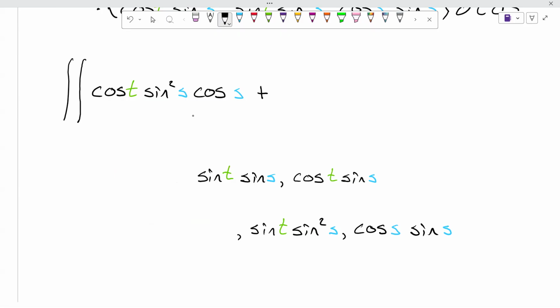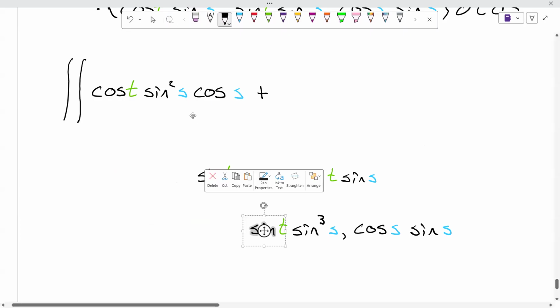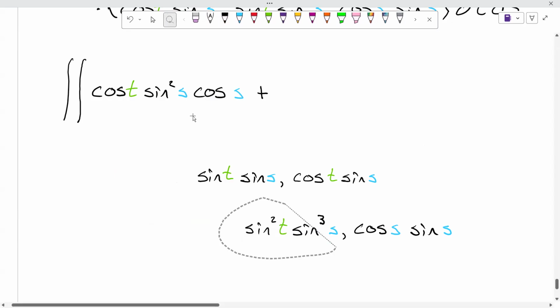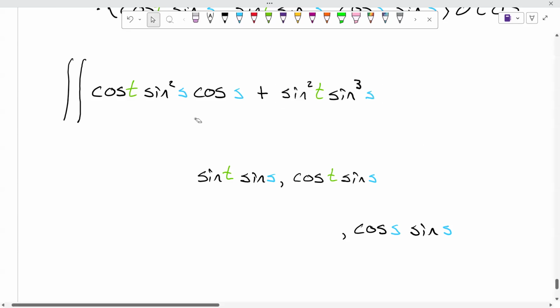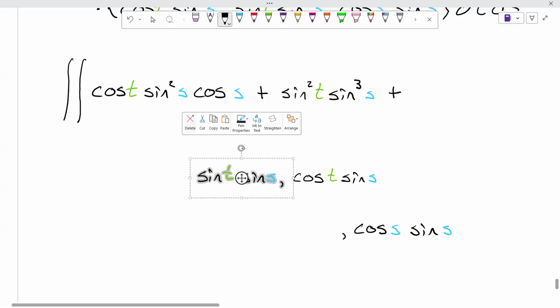I've got sine t sine s times sine t sine squared s. So all together, that'll be a sine s cubed and a sine t squared. Plus goes right there. I am now done with that part.